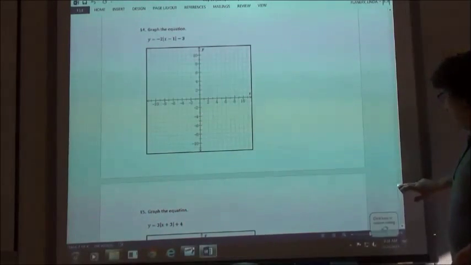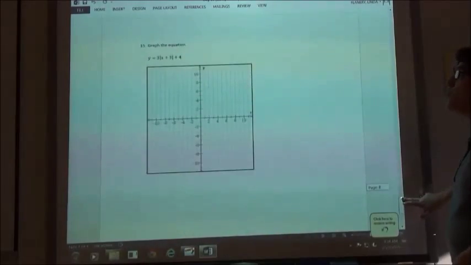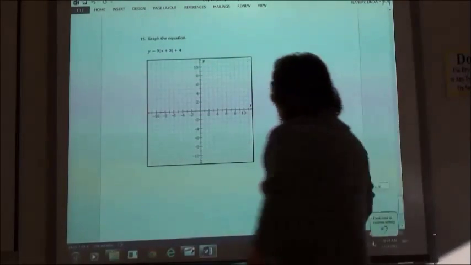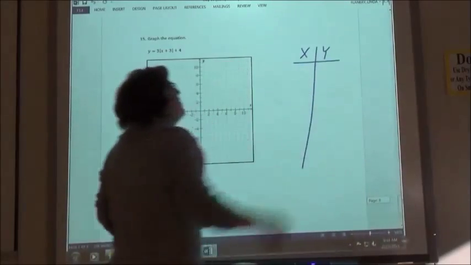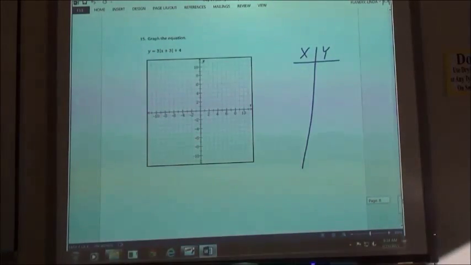And the last one on chapter 2. So, again, since we have a shift to this graph, we have to figure out what our middle value should be for x. What should our middle x value be? Negative 3.